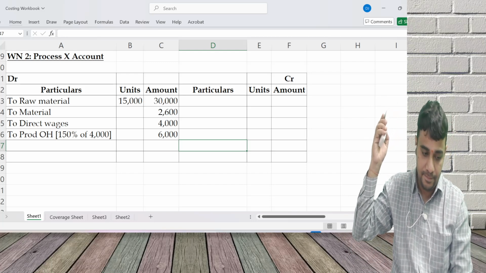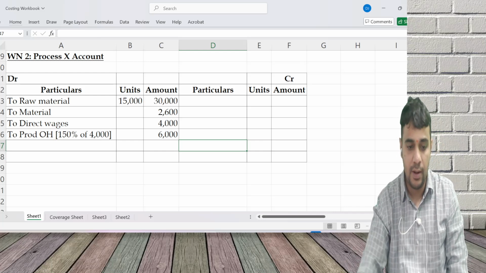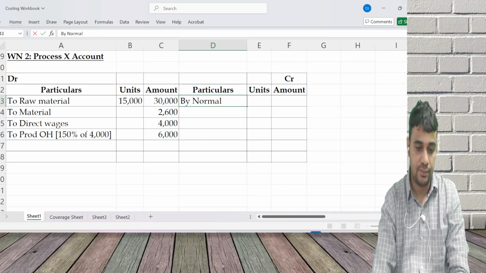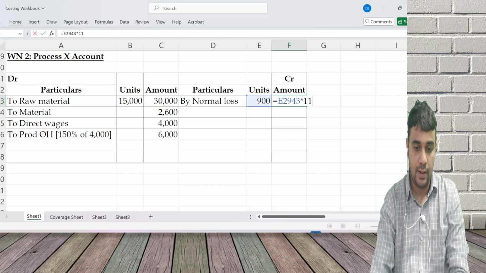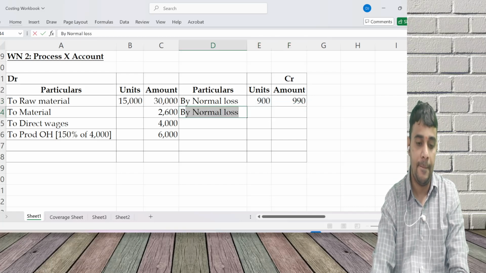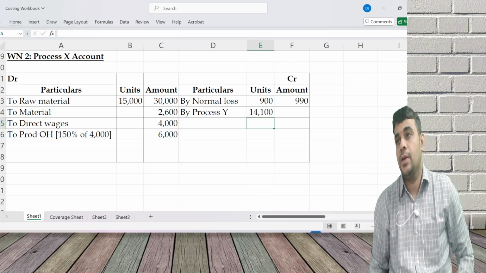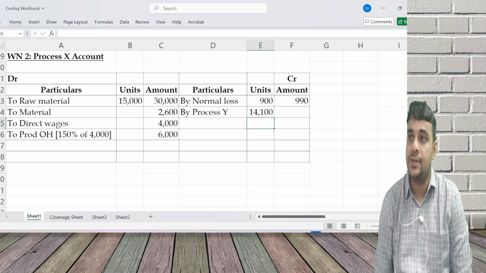By normal loss, how many units? 900 units. 900 into 1.1. By process Y. Units should tally at this stage.